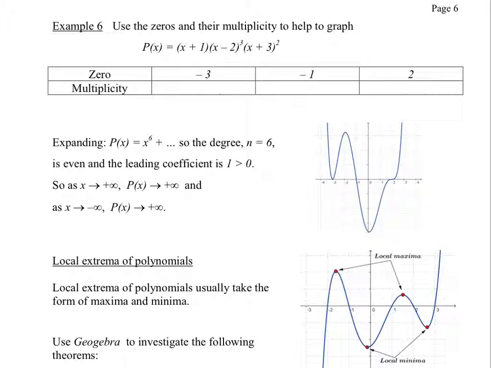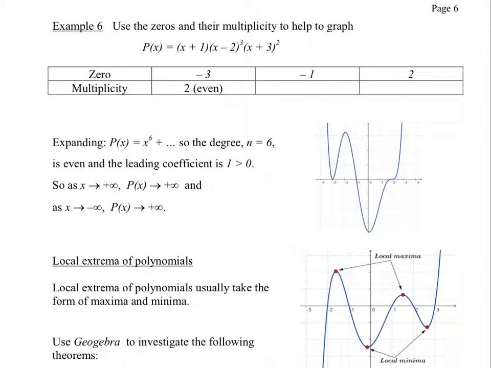Now the multiplicity of negative 3 is 2. It's even. The multiplicity of positive 2 is odd. So we're going to just fill in the multiplicities down here. Multiplicity of negative 3 is 2.